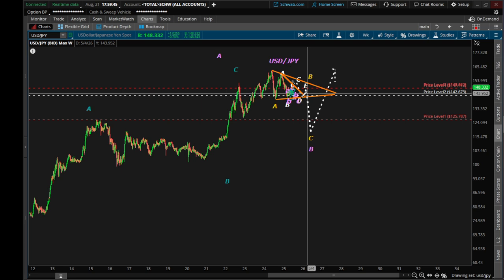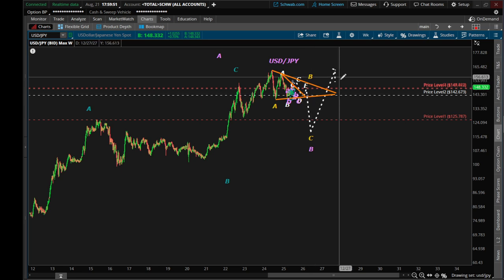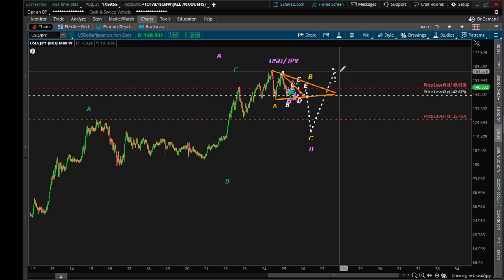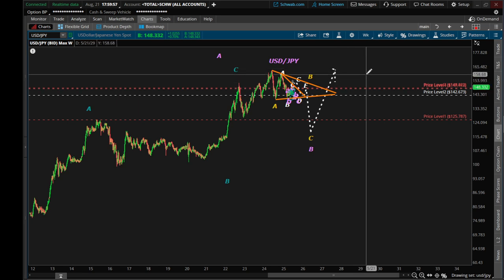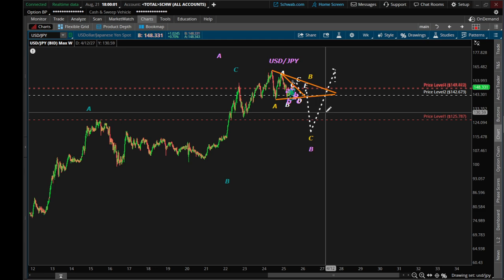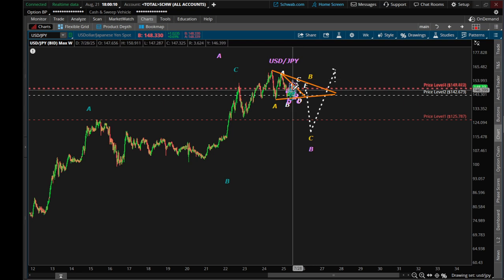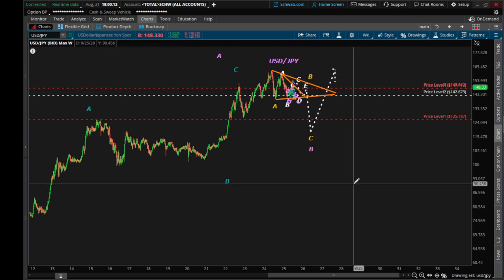These dotted white lines project that forecast out to maybe 4 or 5 years from now, but we'll see. I'm not going to get too much into the time span today, just a little bit of direction in this triangle.